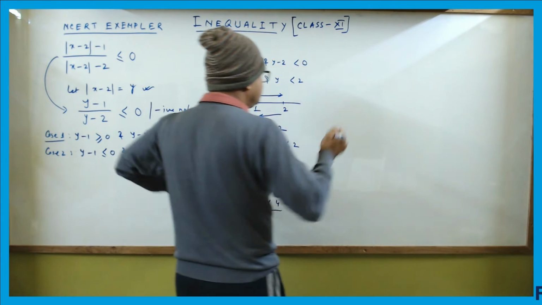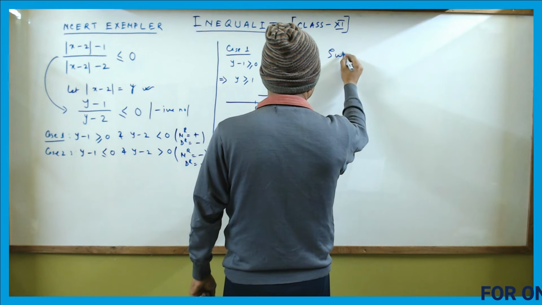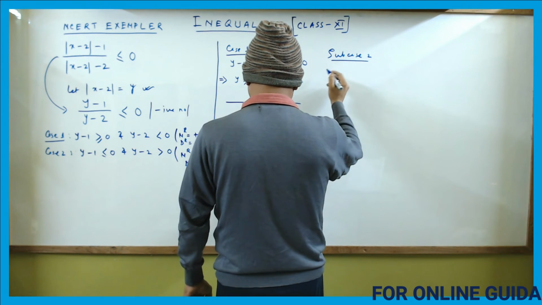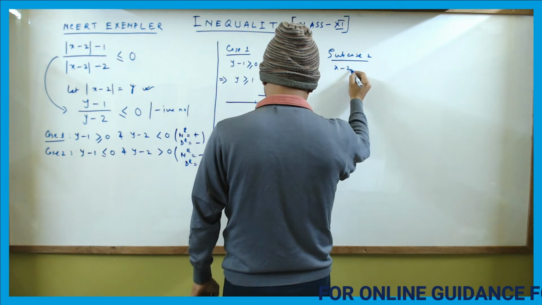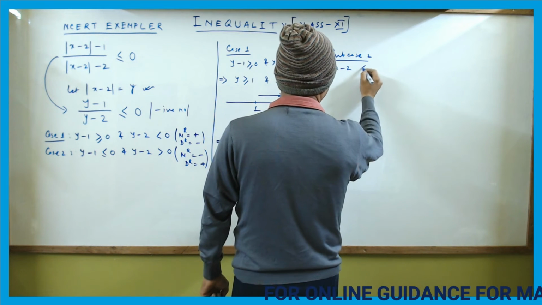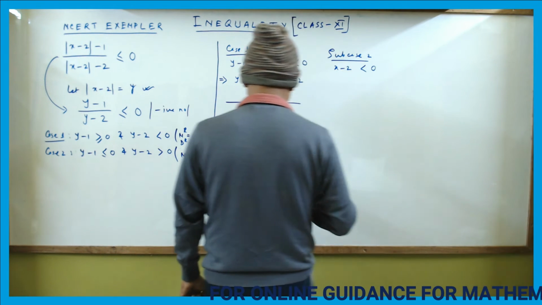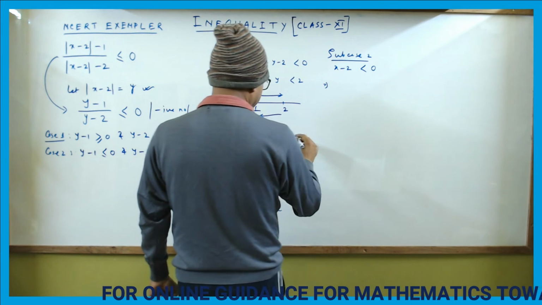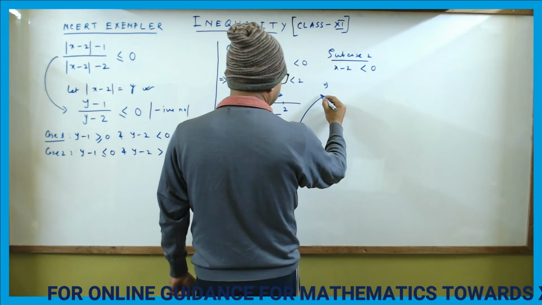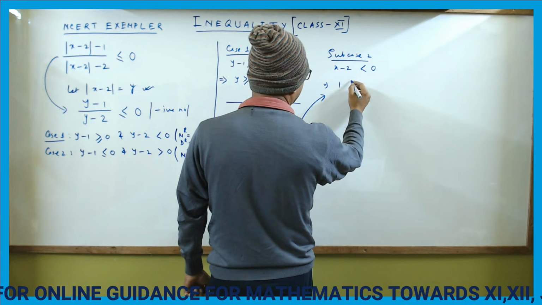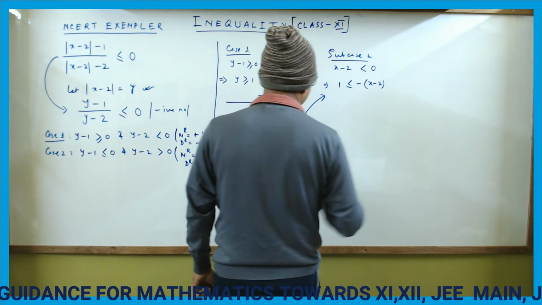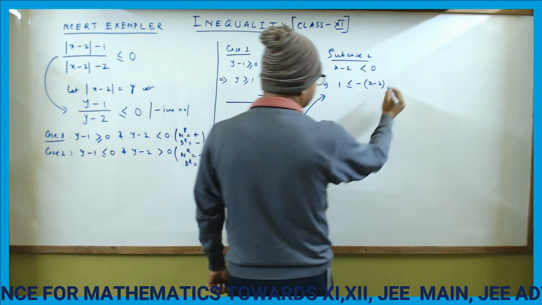And subcase 2, if x minus 2 less than 0, this inequation reduces to 1 less equal to minus of x minus 2 less than 2.